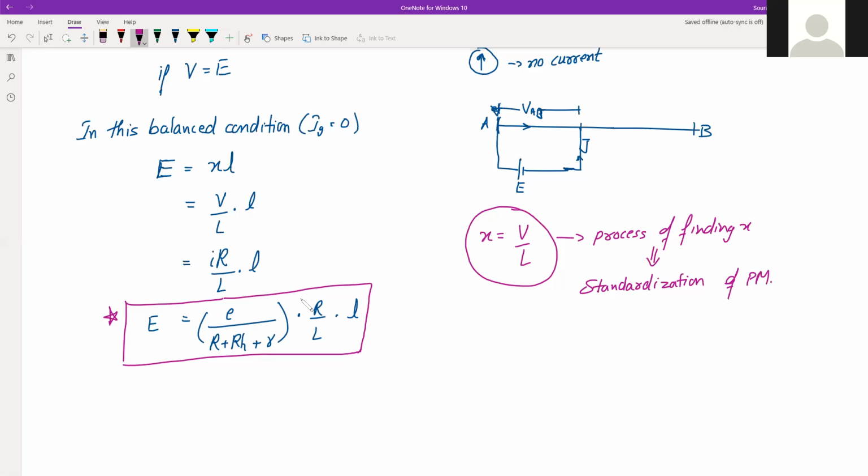So how do we do that? We find the balancing length for the standard EMF E naught, and let that be L naught. Then by the principle of the potentiometer, E naught equals X into L naught. So X equals E naught divided by L naught. That is how we find it. And this is the principle of the potentiometer, or the device.